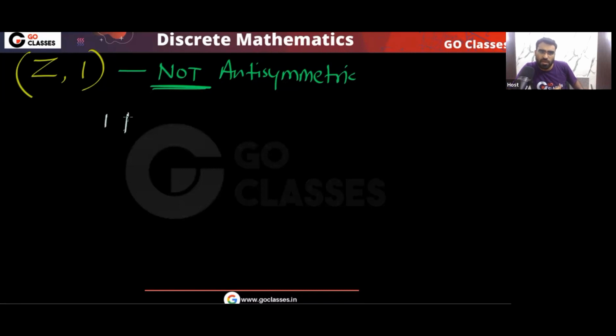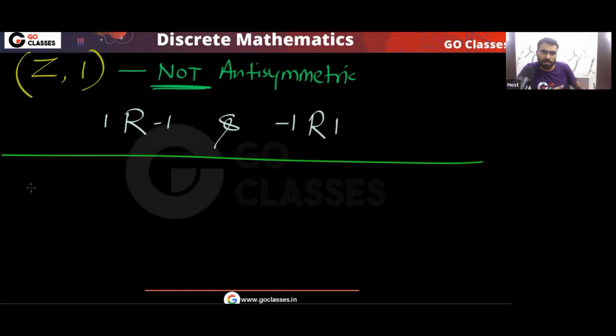Because you can see 1 divides minus 1, so 1 is related to minus 1, and minus 1 is related to 1. Yes or no? Is this clear? Even if you take non-zero numbers, then also this will not be antisymmetric. For example, if I take non-zero integers, integers minus 0, now tell me, is this a partial order relation?